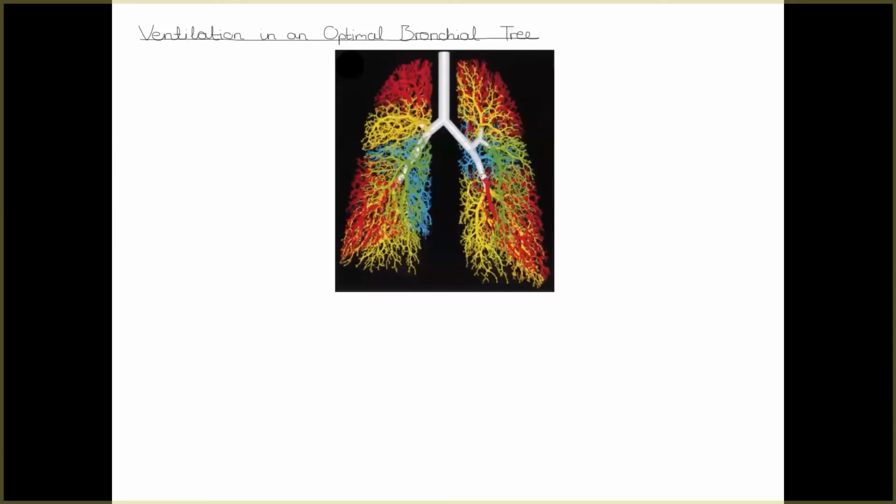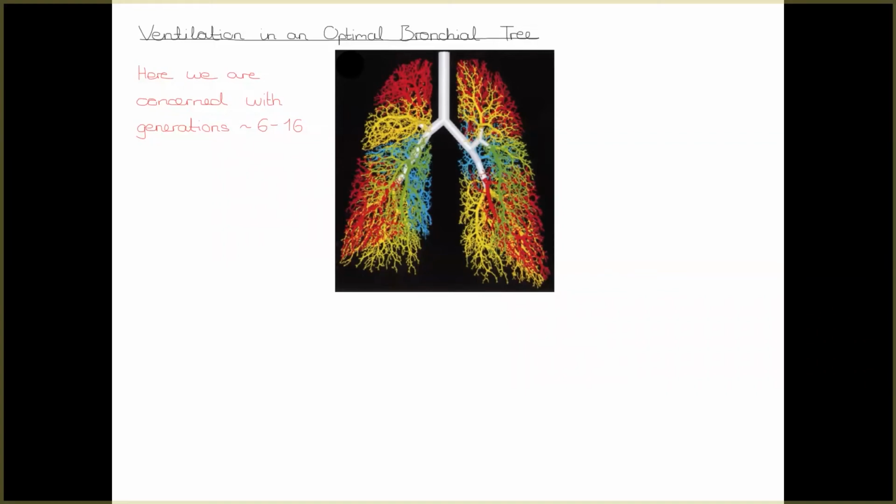We're just talking about the generations which basically don't have alveoli on them. So more precisely, we are talking about generations 6 to 16. Why? Because the lower generations, that's basically the trachea and the first 5 or 6 generations, are very, very thick branches, kind of the core of the tree.